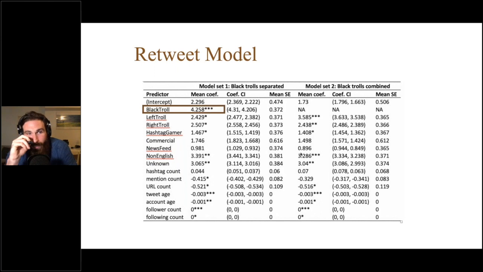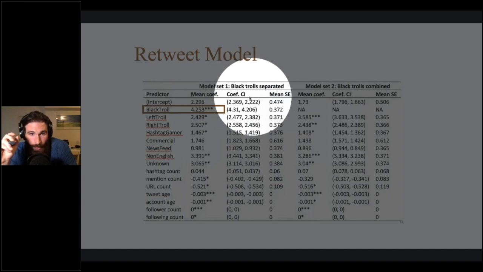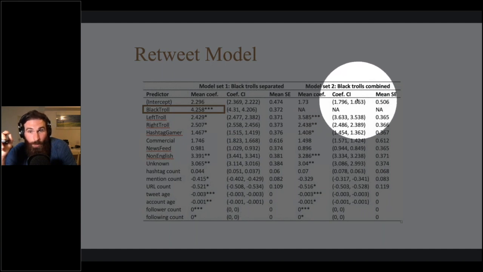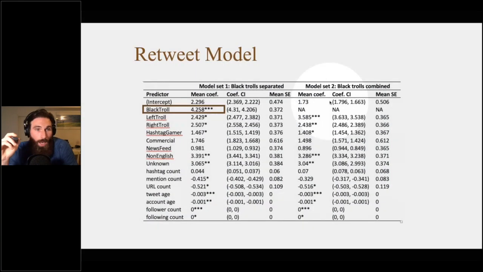So what we find is that the strongest predictor for getting retweets on Twitter from the IRA was the Black troll category. Now we have two models here. On the one, we separated Black trolls as a distinct category, and then we also ran tests using the previous categories from the other researchers that said that Black trolls would be counted as left trolls.